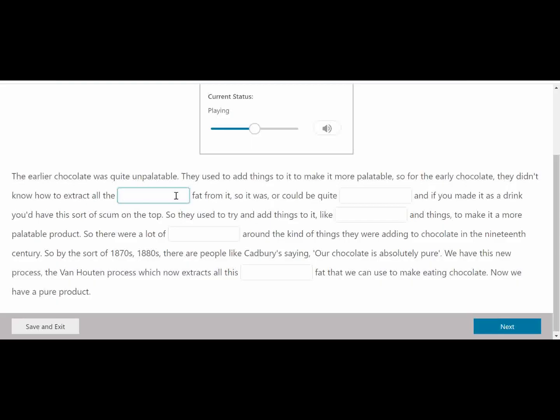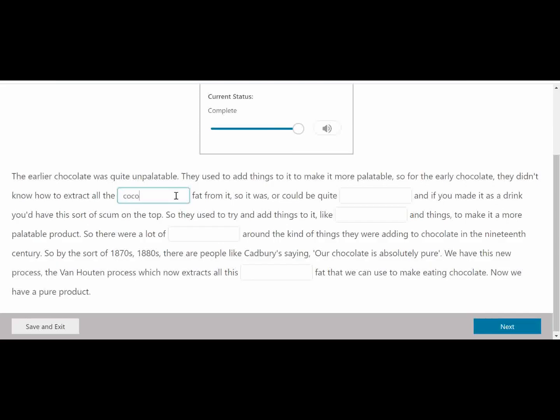So there were a lot of scandals around the kind of things they were adding to chocolate in the 19th century. So by the sort of 1870s, 1880s, there are people like Cadbury's saying, our chocolate is absolutely pure. We have this new process, the Van Houten process, which now extracts all this horrible fat that we can use to make eating chocolate. Now we have a pure product.